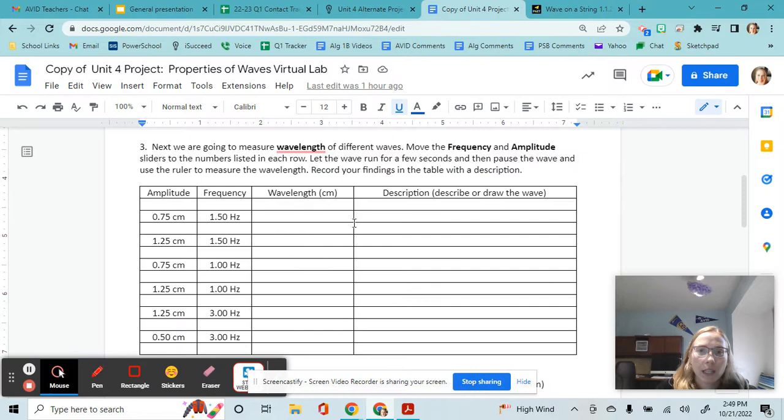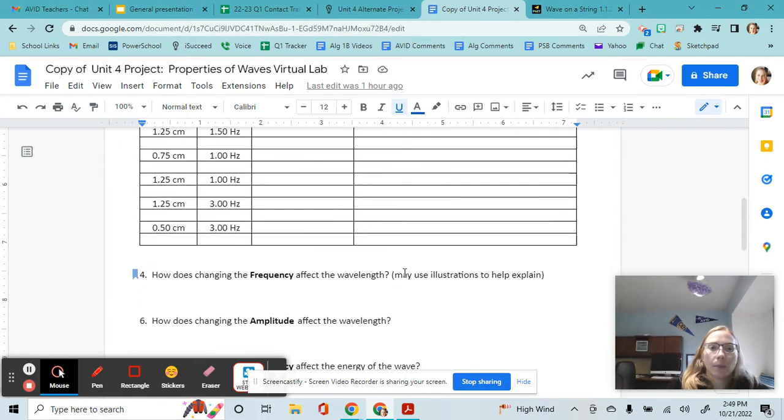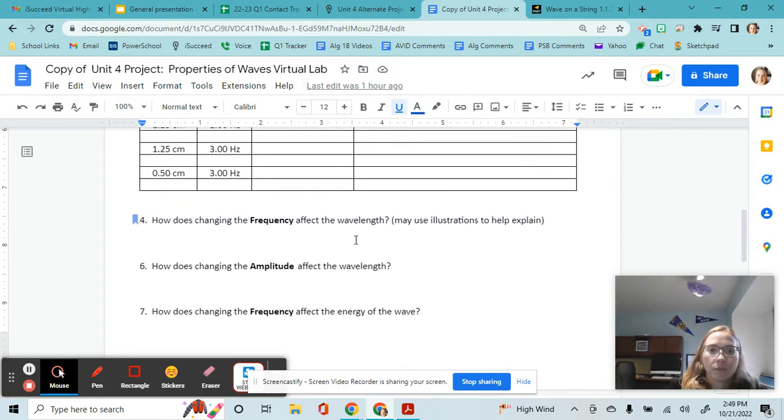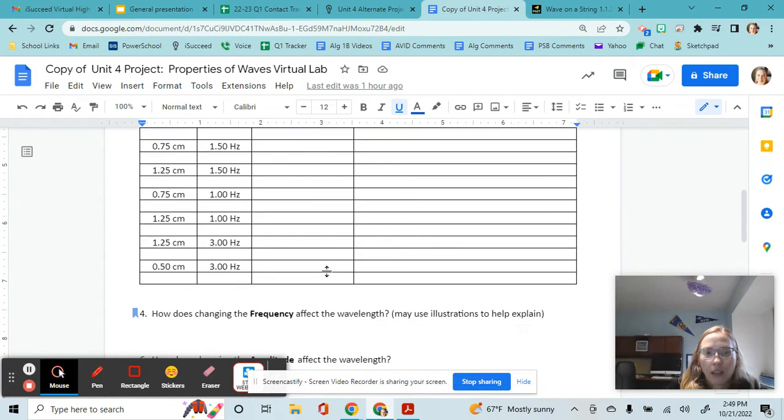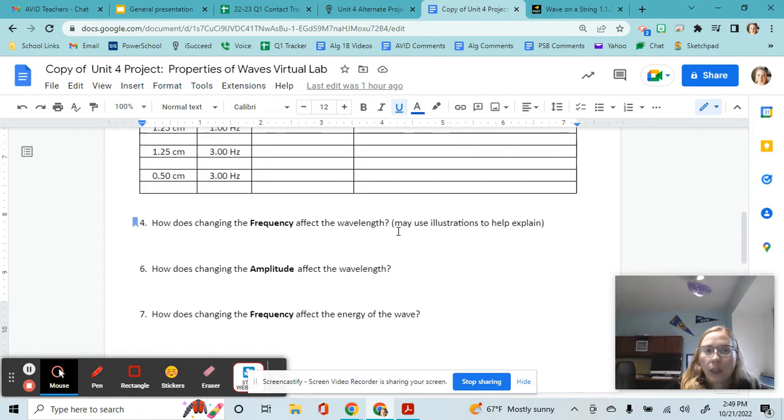So you're welcome to play with it beyond just trying those out, but that should give you a really good idea of how they interact with each other. And that's what you'll be describing down here. How the frequency affects the wavelength. So you'll look at your frequency. How does that change your wavelength? How does the amplitude affect the wavelength?